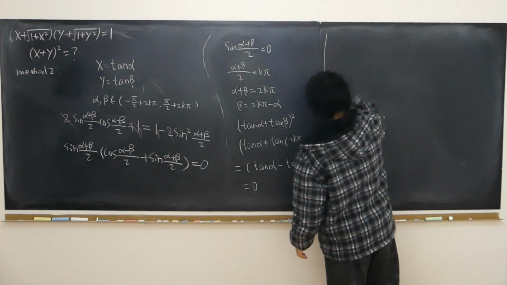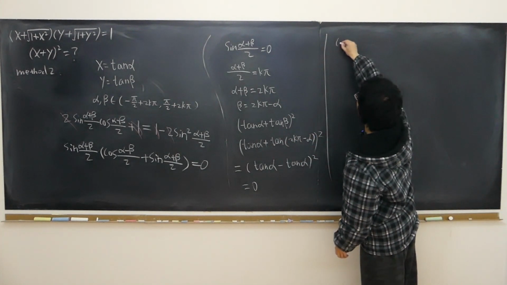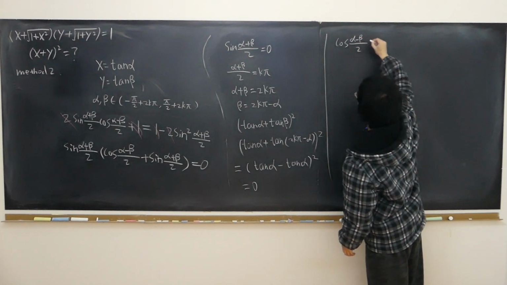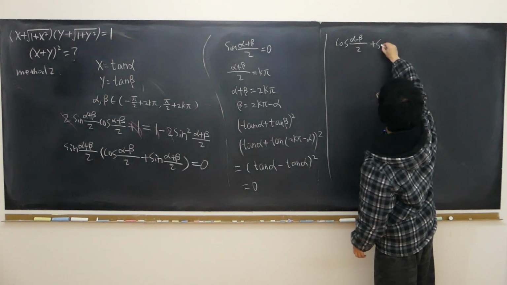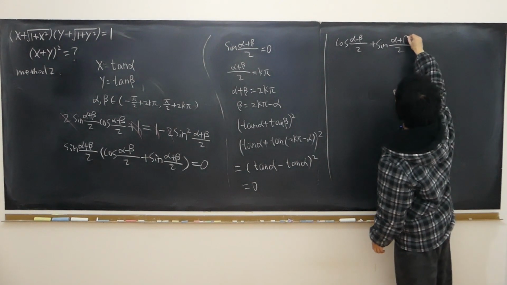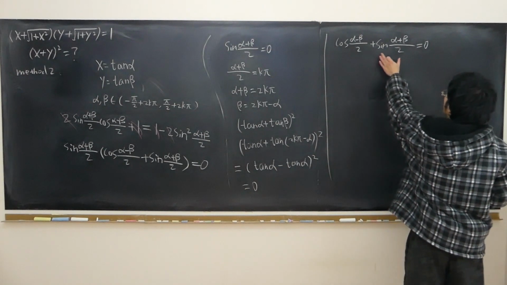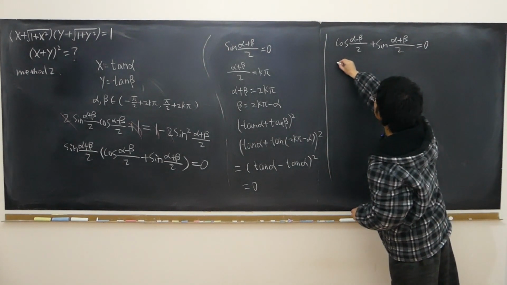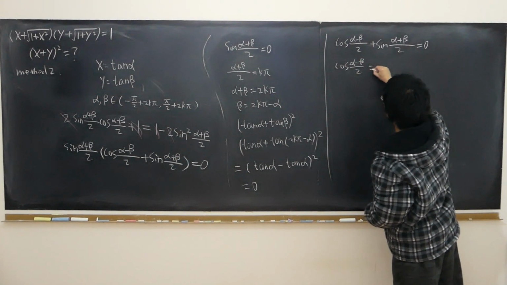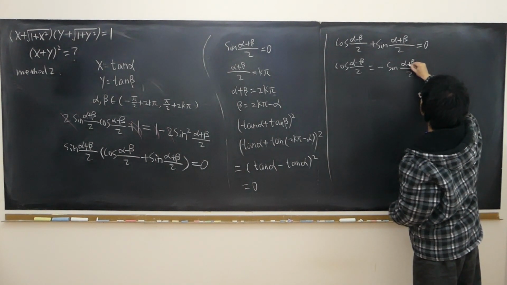So case number 2. What if that is equal to 0? What if cos of half of alpha minus beta plus sine of half of alpha plus beta is equal to 0? In that case, move this term onto the right-hand side. We have cos half of alpha minus beta equal to minus sine of half of alpha plus beta.